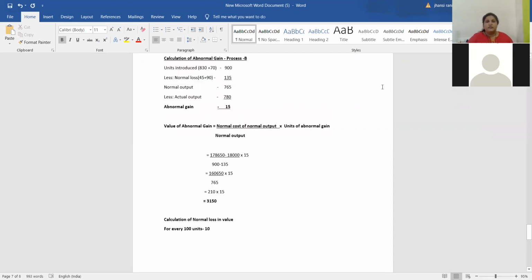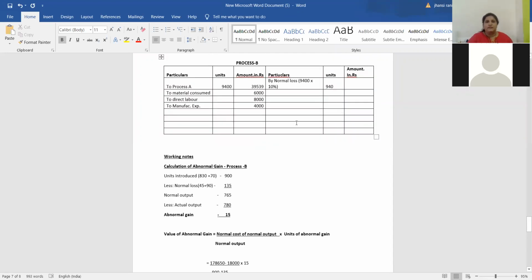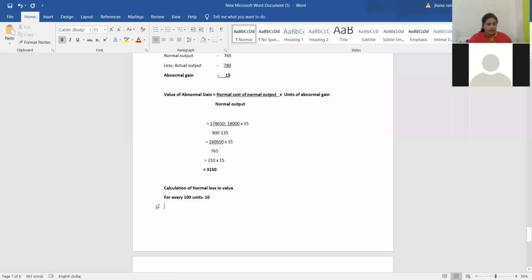So now what is the normal loss we got? 940 units. So for 940 units, question mark. We will have to cross multiply it. So it will be 940 into 10 divided by 100.